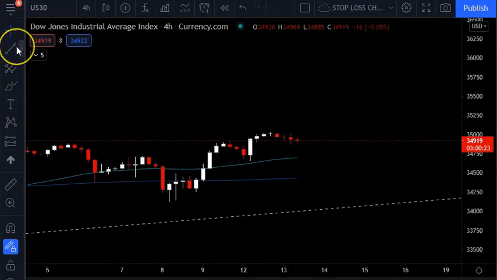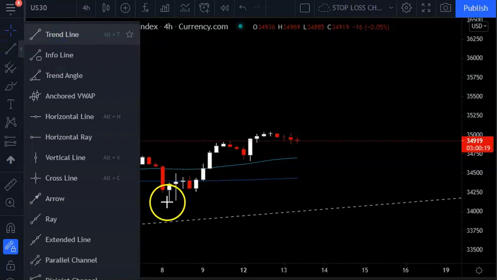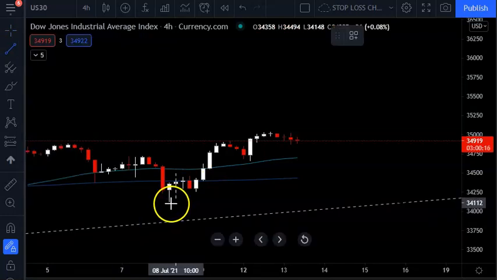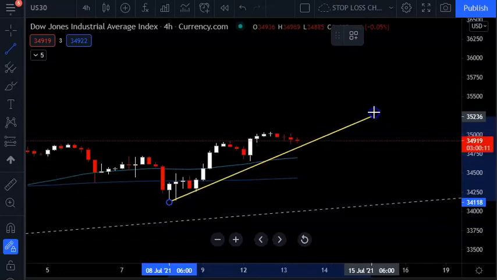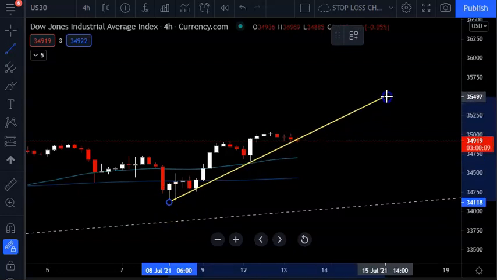All right, so we're going to go ahead and get our trend line here. We're just going to start right here. See where we are here.